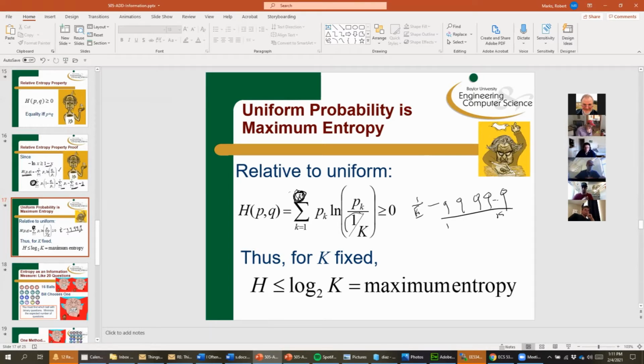The probability is equal to 1 over K for the uniform probability. And we know that this is greater than 0. Now, if we parse this up, this is equal to the summation over K of p_k times the log of K. And then what we're breaking it up as is the difference of the two sums. And this is minus the sum of the p_k times the log of 1 over K.